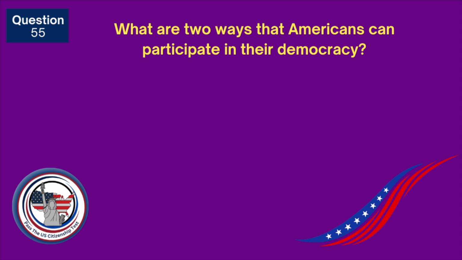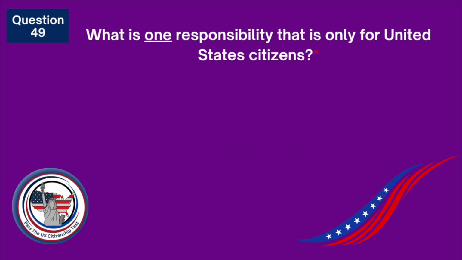What are two ways that Americans can participate in their democracy? Vote. Join a political party. What is one responsibility that is only for United States citizens?